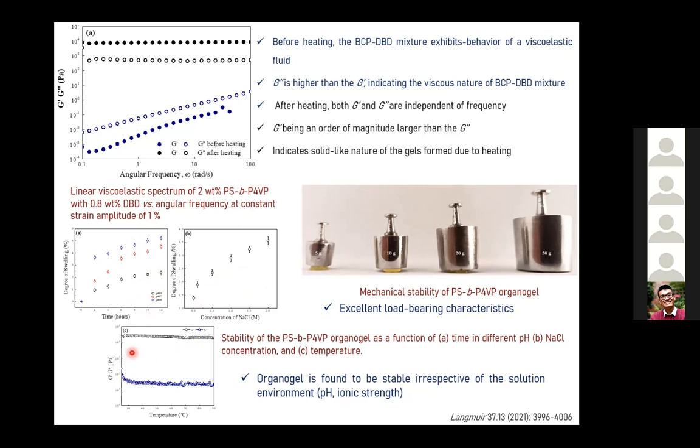After forming the gel, we also did rheological measurements as a function of temperature to see whether there is any deformation happening in the gel, and with temperature, we see it is still independent. Then we also did some load bearing characterization of this gel on various weights, and up to 50 grams, we did not see any cracks or any deformation happening. Beyond 50 grams, from 65 grams, we see that the gel was about to crack.